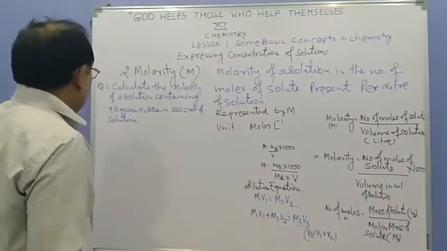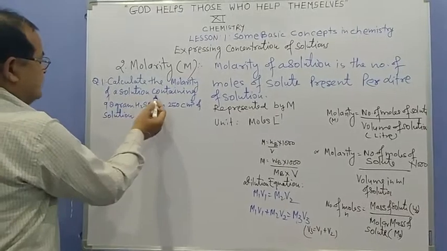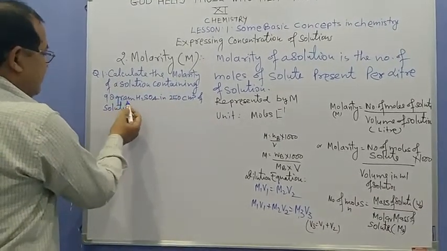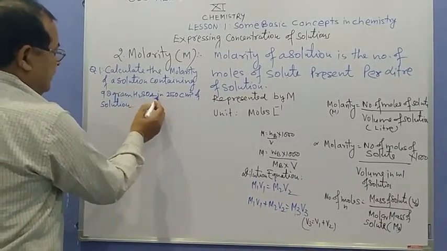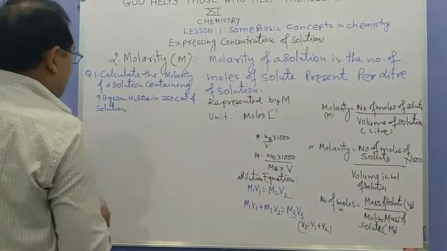Now question number 1. Calculate the molarity of a solution containing 9.8 gram H2SO4 in 250 gram of solution.